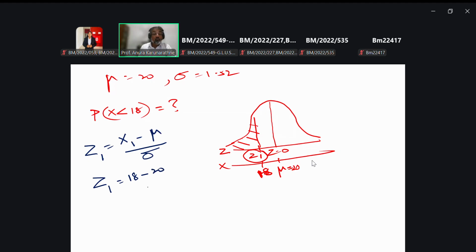Mu remains the same, that is 20. Standard deviation is 1.52.